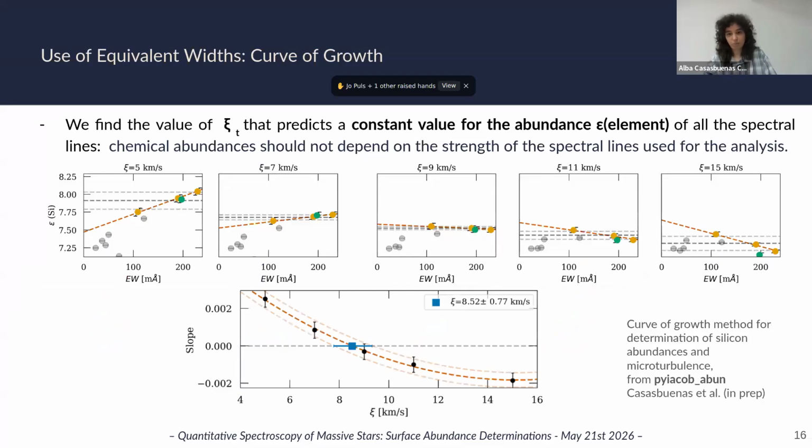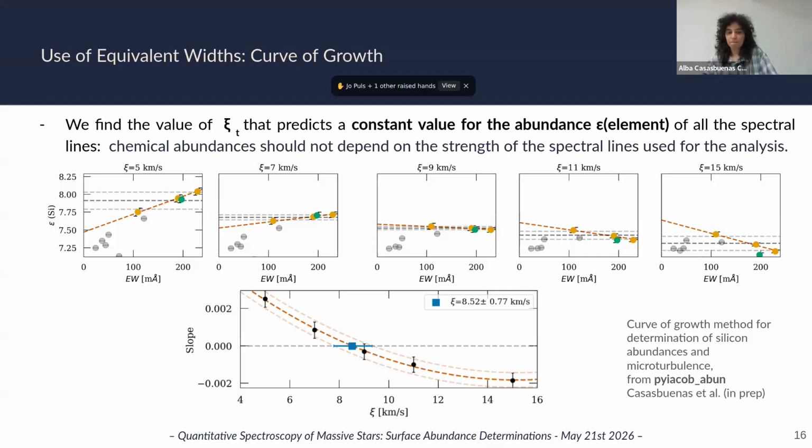But what you mainly need is a good fitting of the microturbulence. So you need more than 2 lines. It's better to have a few multiplets, so your result is not completely biased by only using one transition.